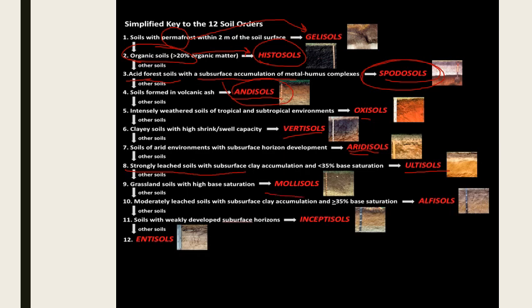And here it is, the mollisols, rich black mollisols under the grasslands. Alfisols, which is most of our eastern United States, not bad. It's a soil development. And then inceptisols is very young. We might call some of our soils inceptisols because they're so young. Entisols is brand new. Inceptisols is just a little bit of development.